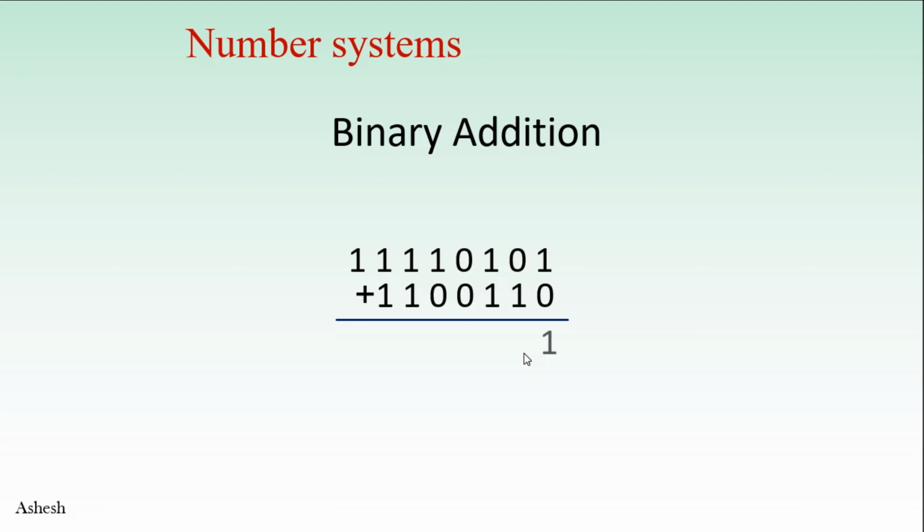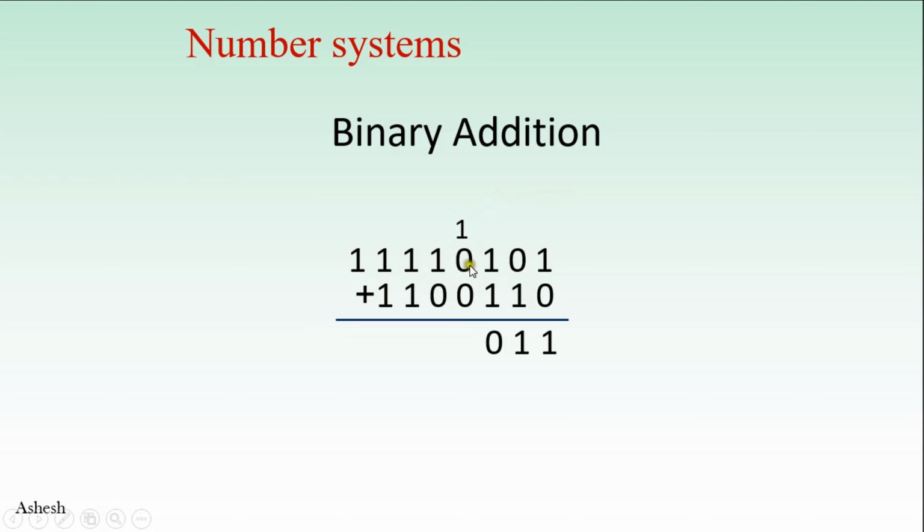Okay, let's start. 1 plus 0 is 1. 0 plus 1 is 1. 1 plus 1, 10. We write down 0, and we have carry 1. Here we will not write the full carry 1. We only write 1.